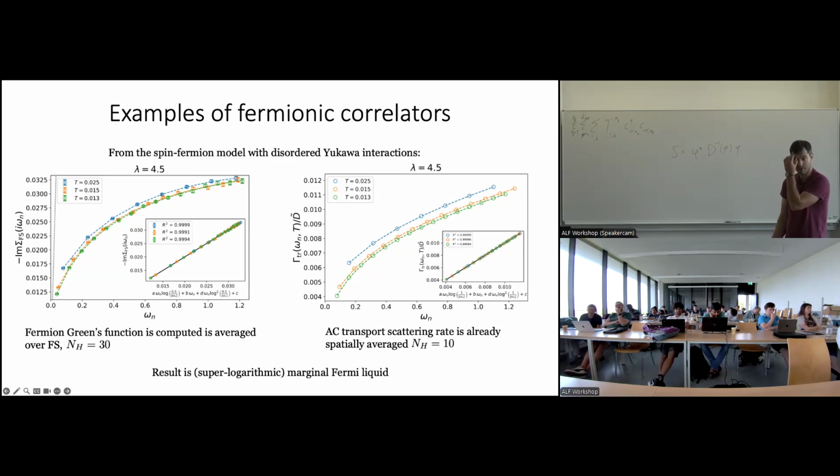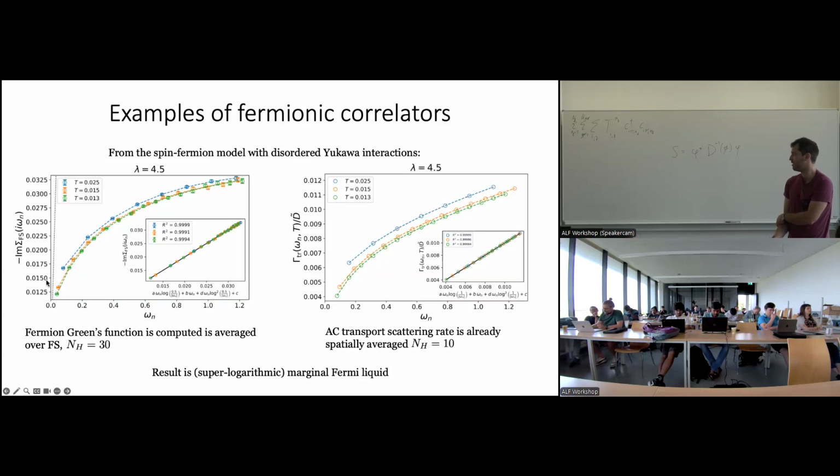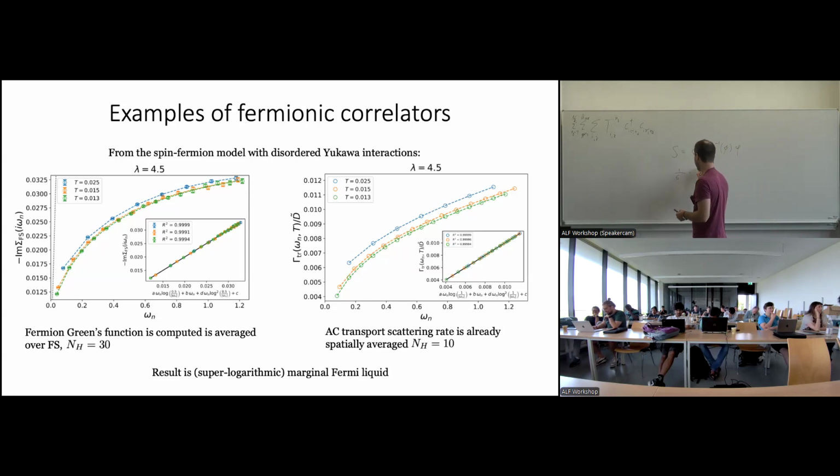AC transport. So we computed this conductivity, and from this conductivity we extracted the AC transport scattering rate, gamma. It's the inverse of the conductivity minus the inverse of the free conductivity, which is finite for finite frequency.